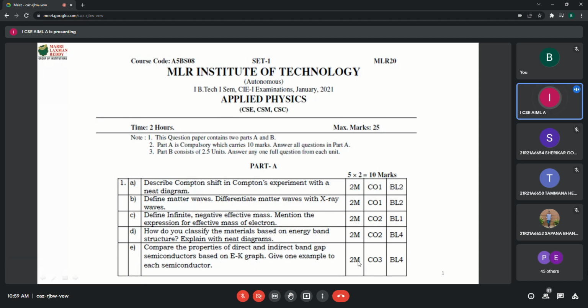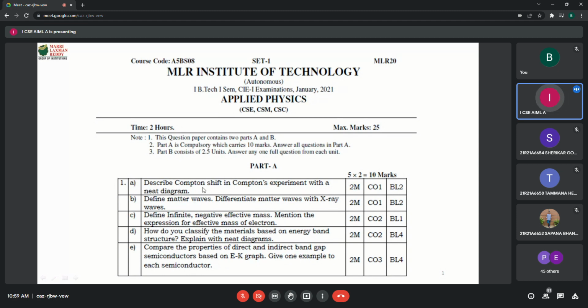So each question is carrying equal marks, 2 marks each. CO1 is nothing but the course outcome of the first unit. Here itself, it is indicating from which unit these questions were framed. From the first unit, you are getting two questions.